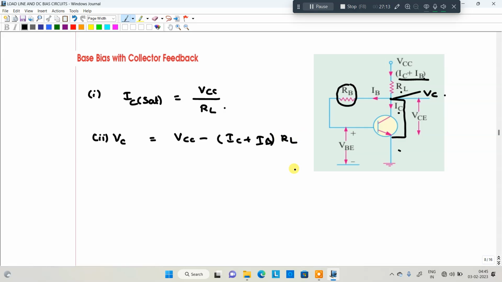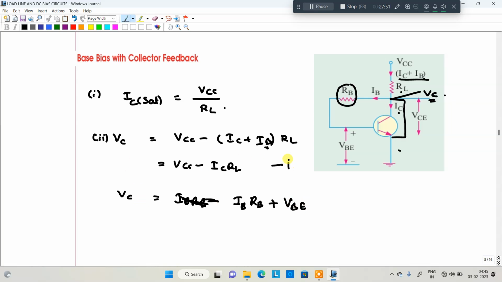If you neglect the base current, finally VC is VCC minus IC into RL. Another way we can find this VC is equal to IB RB plus VBE.